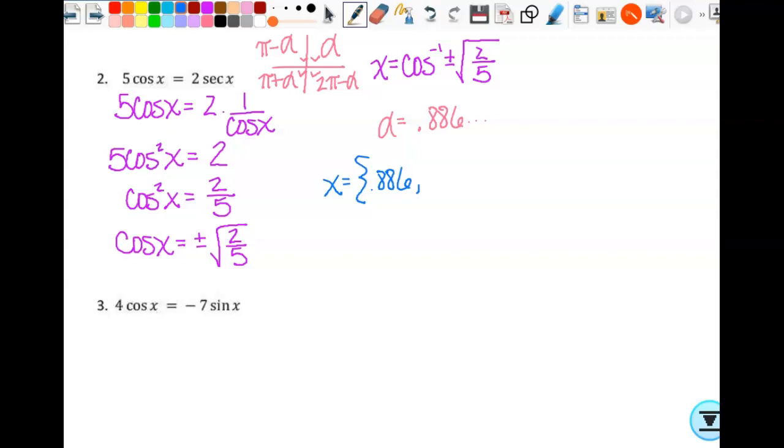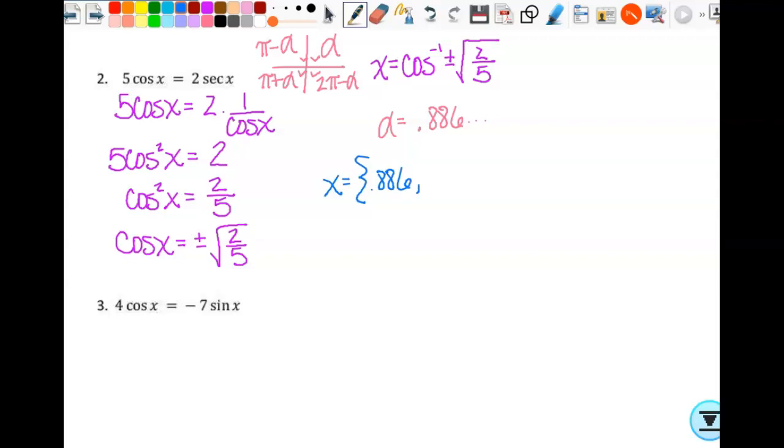Okay? I mean, it's fine to do that too, but that works. Well, you have to store it first. So shift, recall, right parenthesis. Shift, and recall, and then right parenthesis. So pi minus x.